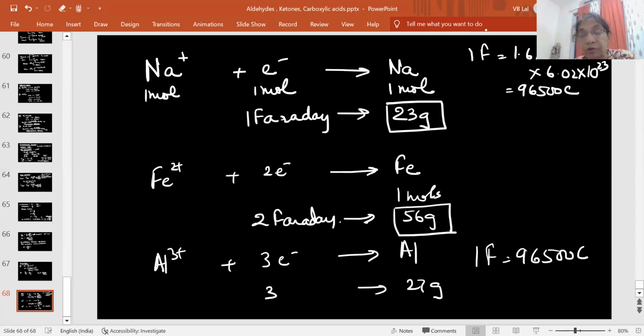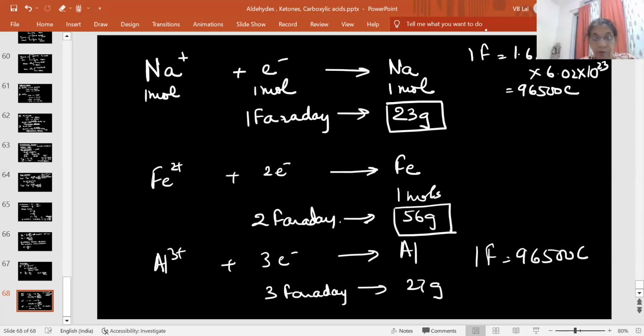I will need 3 Faradays. So how many Faradays I need, or what is the total charge I need, depends on the charge on the ion. If the charge is 3, I need 3. If the charge is 2, I need 2 Faraday. If the charge is 1, I need 1 Faraday.